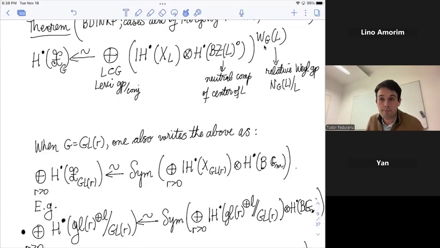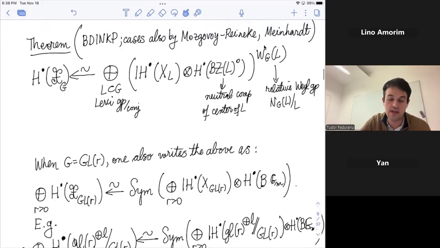But you cannot mimic it for general G. So yes, you cannot mimic. For general G, the best case is you stop at G, and you have one of these, the theorem as stated. Only for GL_R can you also do this summation.